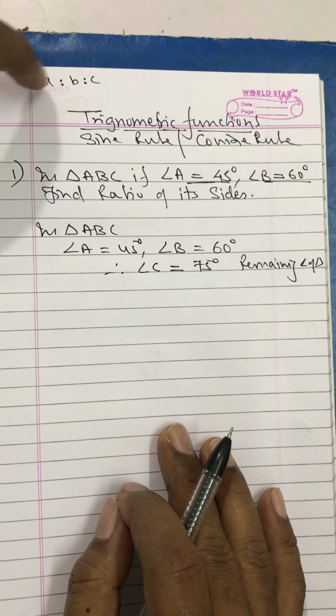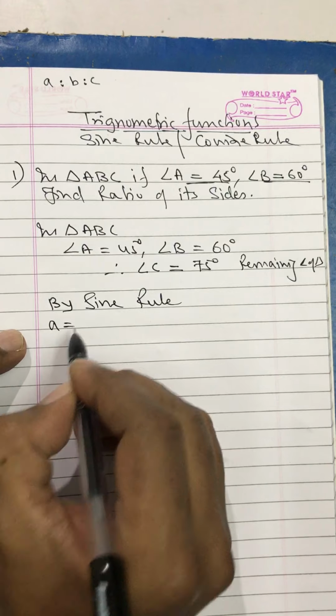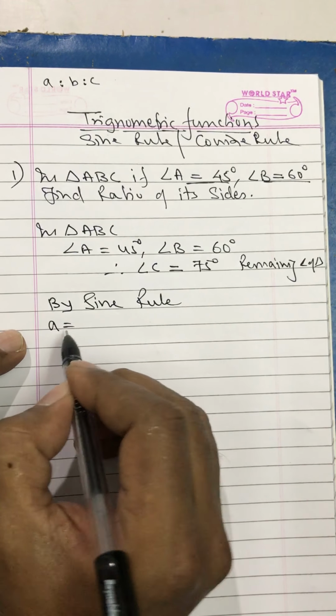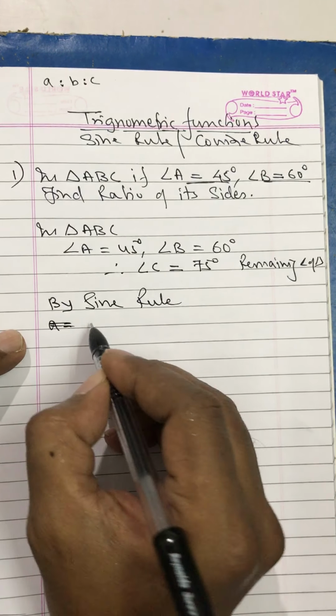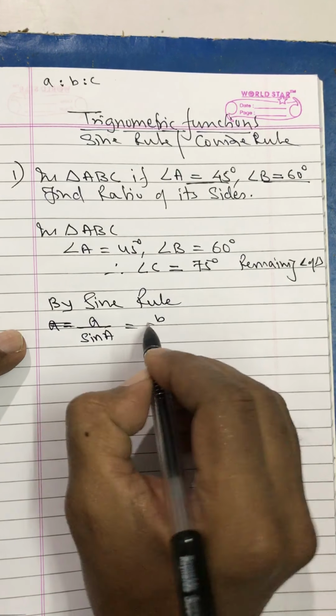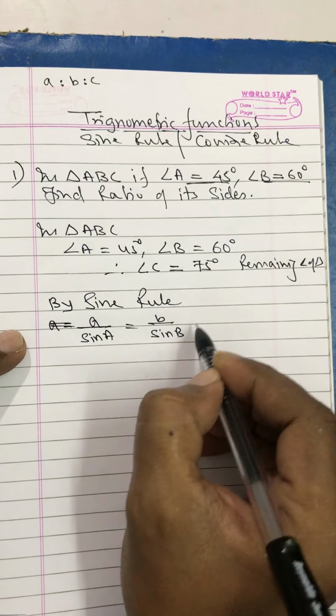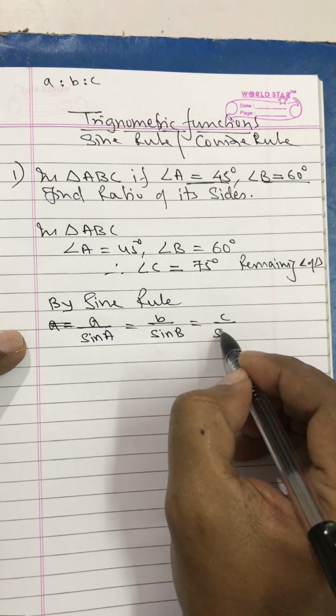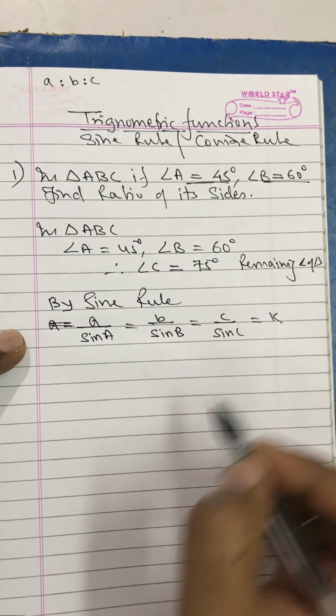Now, by sine rule, we know that a upon sine A is equal to b upon sine B is equal to c upon sine C. Let this be equal to k.